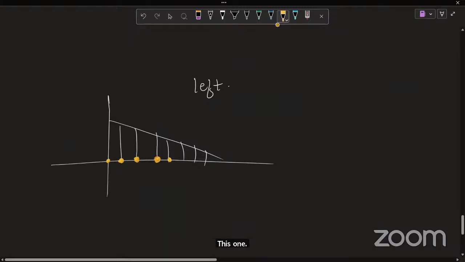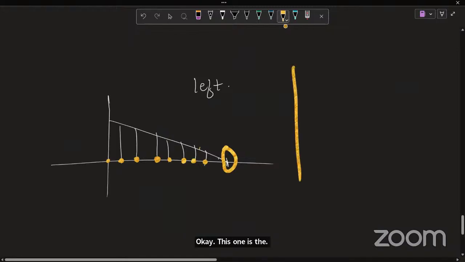This one, this one, this one, and this one. But this one is a right endpoint. You have to exclude this point only. This is the left endpoint. We have one more point, so you can use this one. This one is the right point.